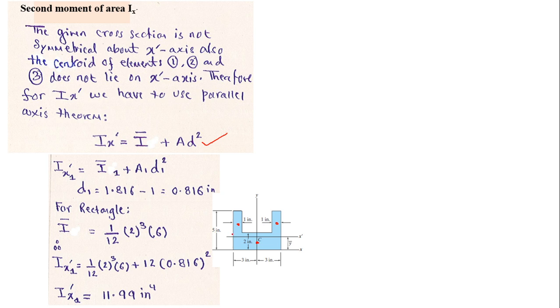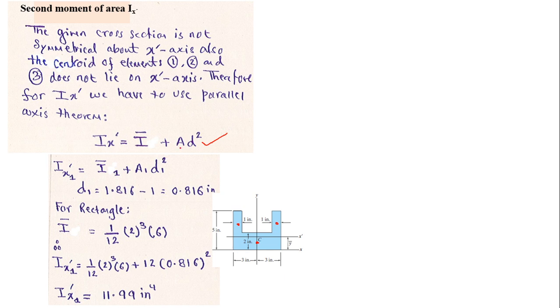For this other small rectangle, you again calculate the second moment of area about its centroid. And for this larger rectangle, you have to calculate the second moment of area about its centroidal axis. Luckily, these three constituent shapes that make up this total area are all rectangles, so they will have the same formula for I dash.